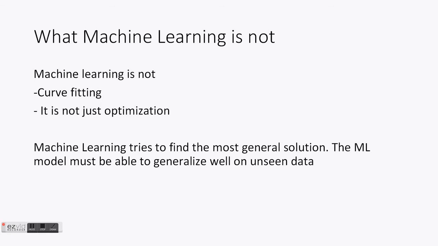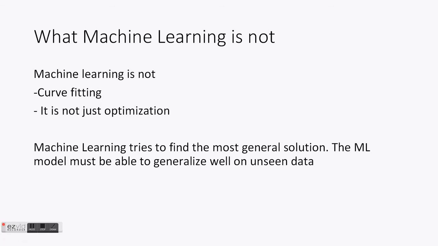What we're trying to do is generalize our model such that it performs well on seen data and also unseen data. As long as the data is coming from the same population, we would like our model to make accurate predictions and inferences even on unseen data. So it is not curve fitting. It is also not optimization. It is not just that you're trying to find the lowest mean squared error.